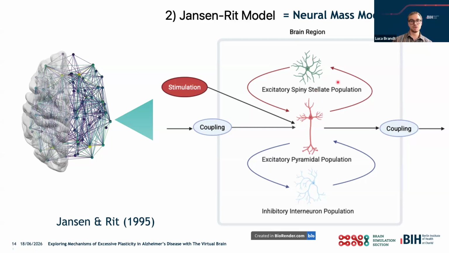So there are two excitatory populations and one inhibitory interneuron population, and the excitatory pyramidal population has long-range connections to the other brain regions. So the brain regions can be coupled and can be stimulated.